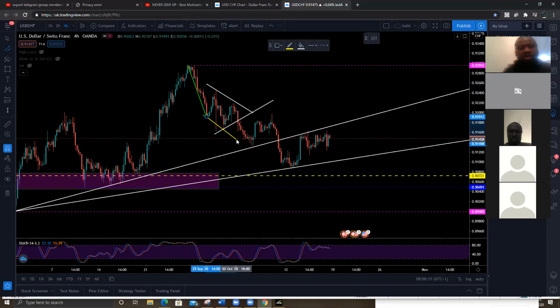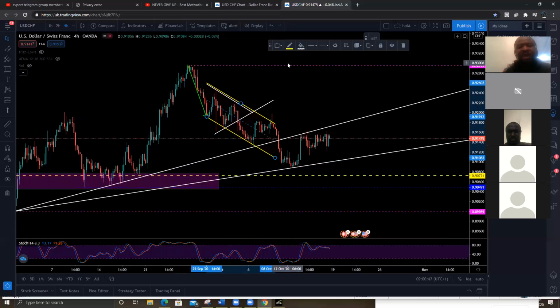But all I'm trying to say is everything that happens over here is a consolidation, and consolidations are corrective moves, right? So I can see it as a descending channel if I push it down here. And the good thing about a descending channel is it's a reversal pattern. So this particular corrective move should be able to reverse the price back up.